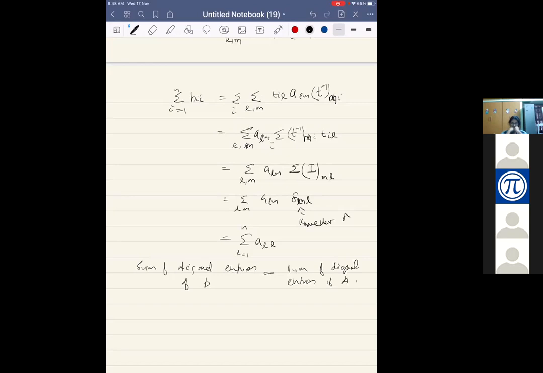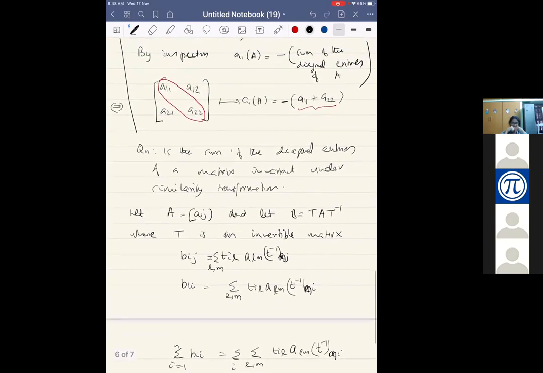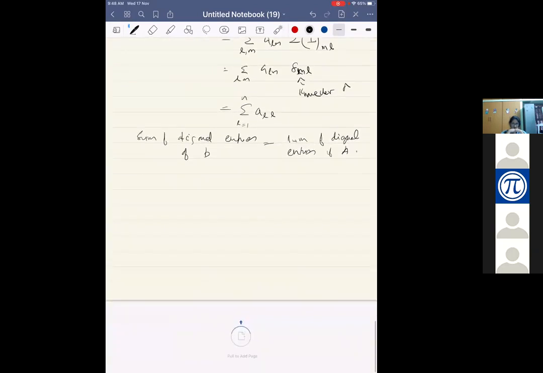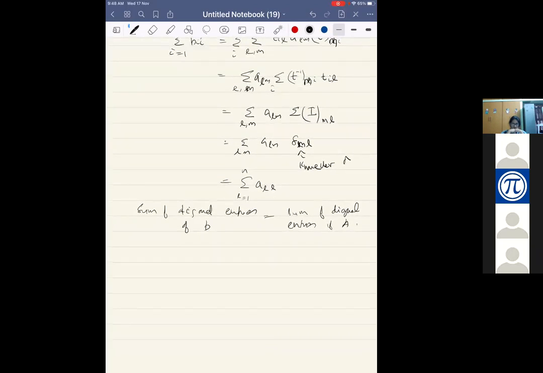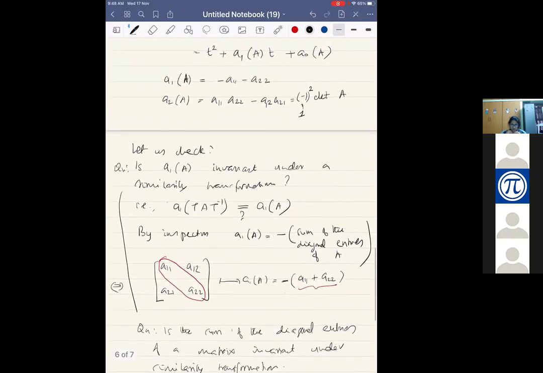So my claim is actually satisfied for n equal to 2, because at least for n equal to 2 we have checked that the coefficient of t to the 1 is the sum of the diagonal entries of A. So in fact, this will be the case for all n. The coefficient of t to the n minus 1 is the sum of the diagonal entries.